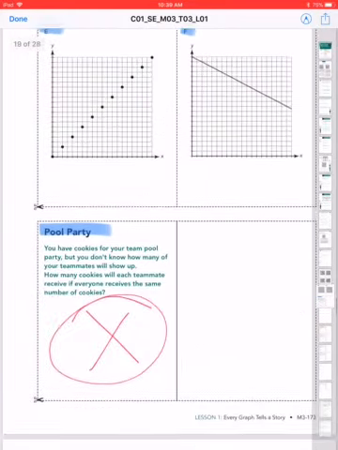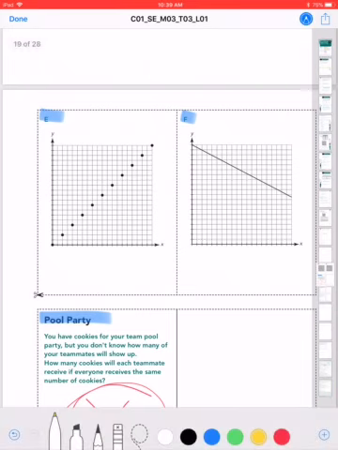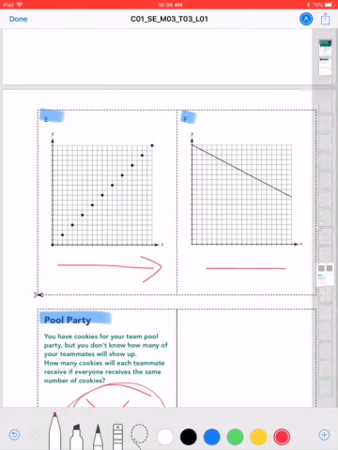Going down to page 173, we see two straight lines, and that is exactly what we want when we have a constant rate. If we read the graphs from left to right, we see that only one is going down, is draining. It's starting high, and the water level is decreasing as time goes on.